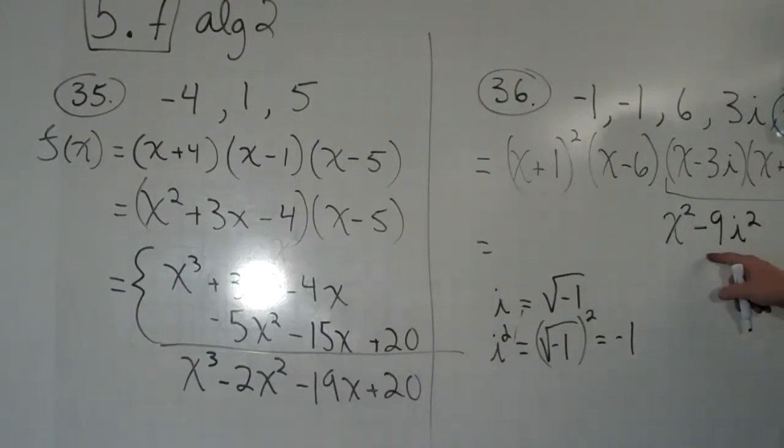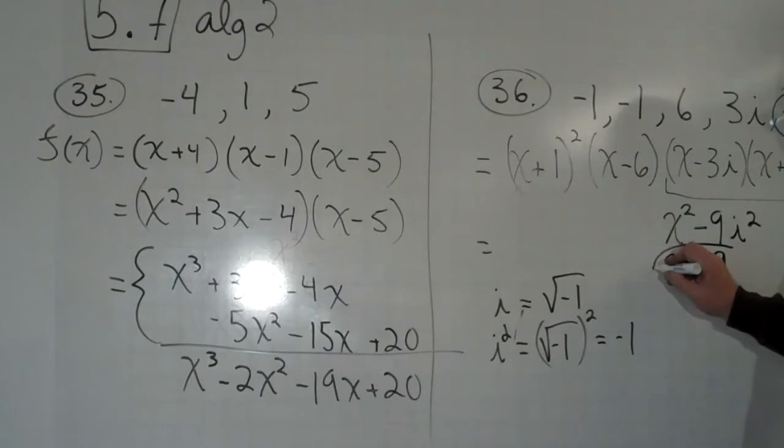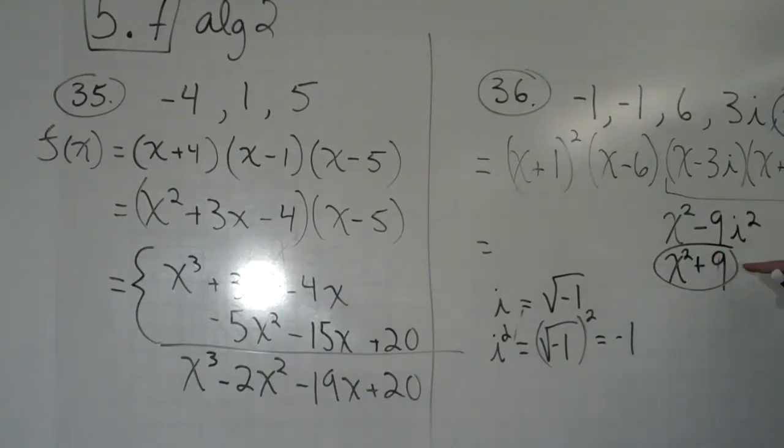I do that because x squared minus 9i squared is the same as x squared minus negative. So let's just change that to plus positive 9. That and this are the same thing. i squared is -1. We just multiply this times a negative.